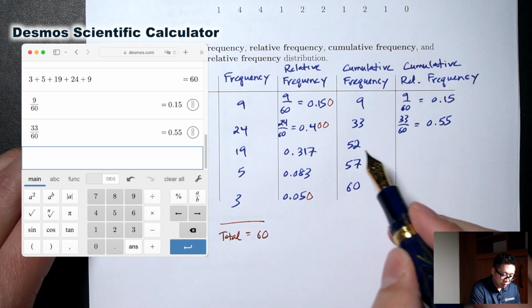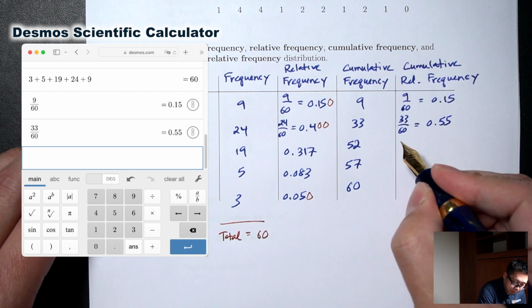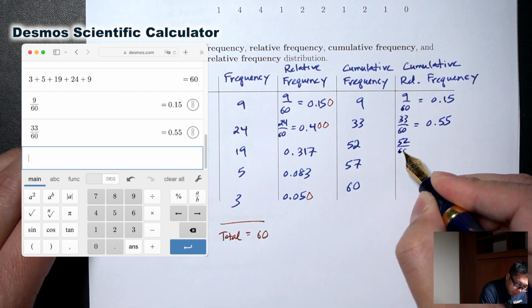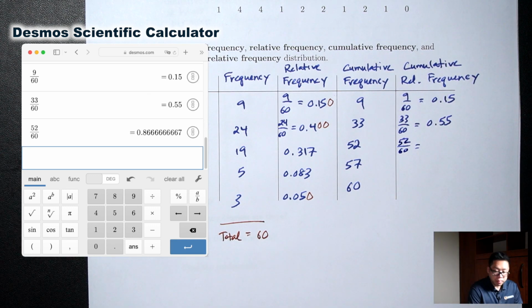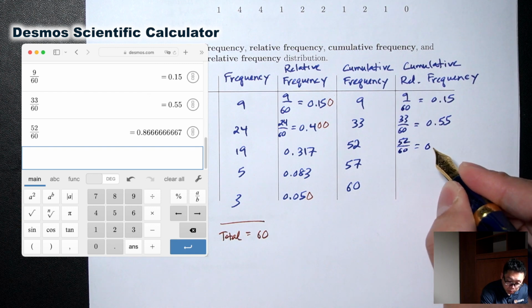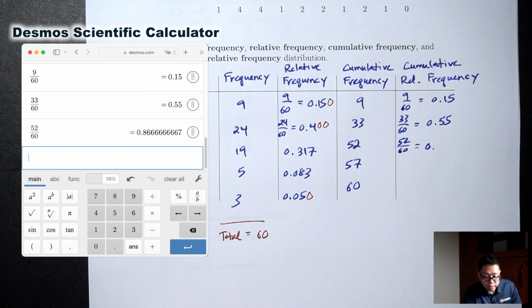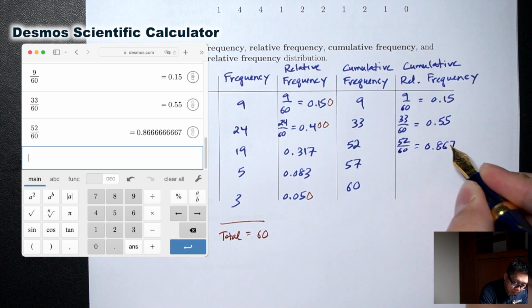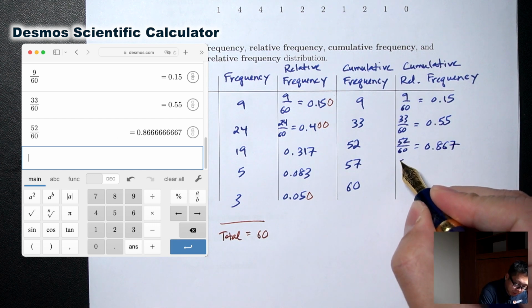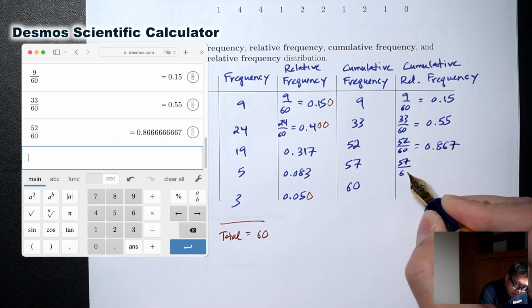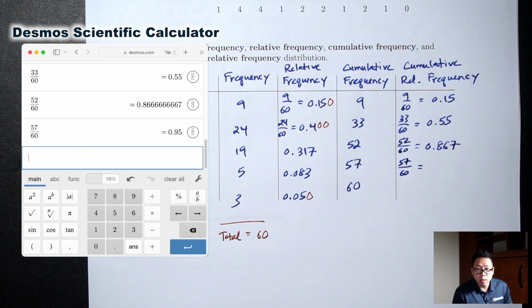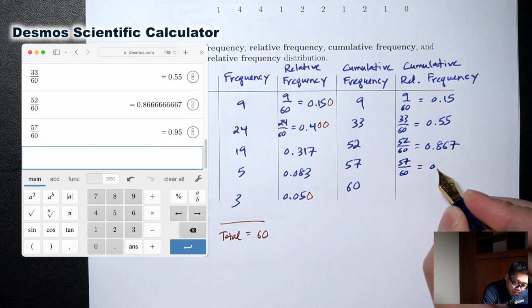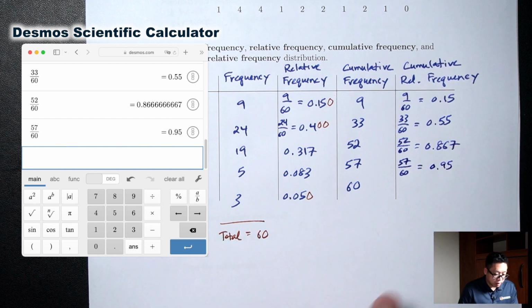Next up, 52 divided by 60. Rounded to 3 decimal places, this is 0.867. Next up, 57 divided by 60. 0.95. Next up, 60 divided by 60.